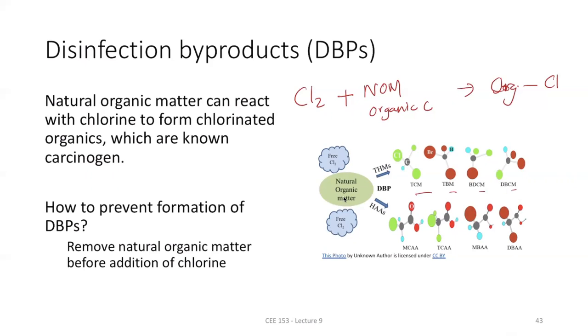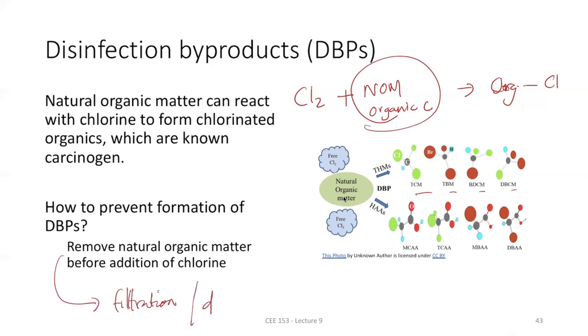As you see, the reason it is being produced is NOM, natural organic matter. So the best solution is to remove NOM. That's why you in fact have a filtration process like a sand filter to remove the NOM before you use disinfectant.